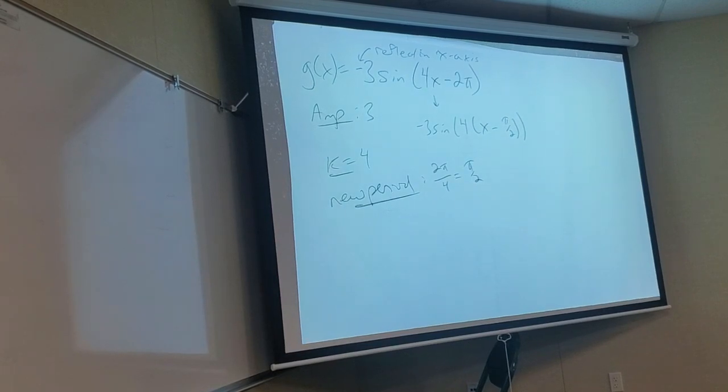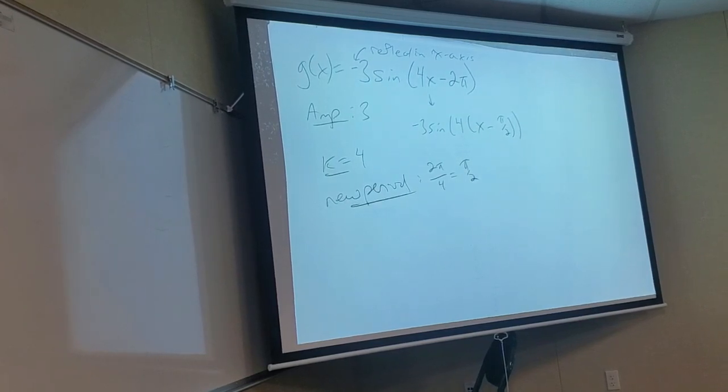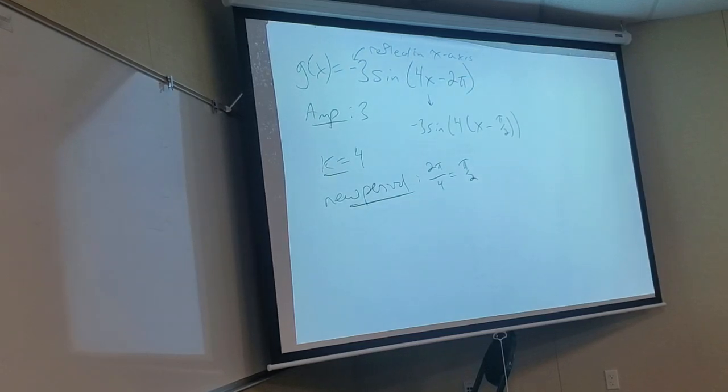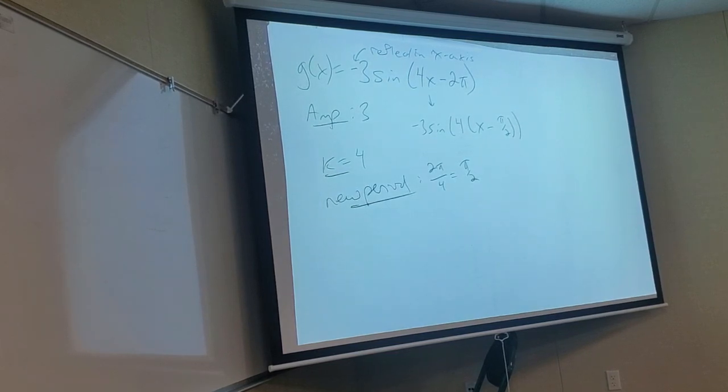So what does that mean? What does the period being pi over 2 mean? What does a period of 2 pi normally mean? It means it takes 2 pi to get through one cycle. Now how long is it going to take pi over 2 to get through one cycle?